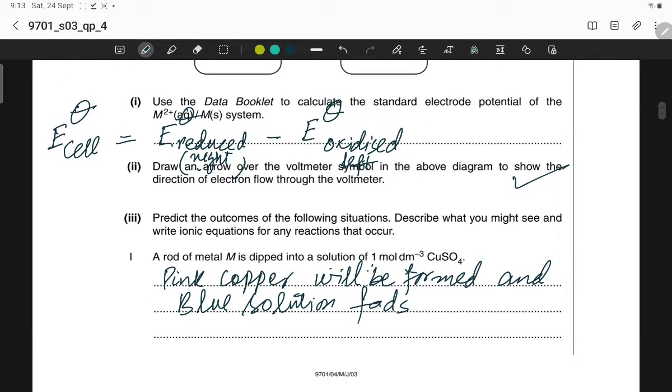The equation is Cu2 positive plus metal M to form copper solid plus M2 positive.